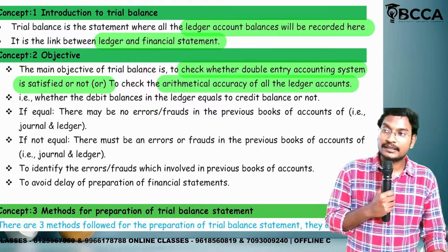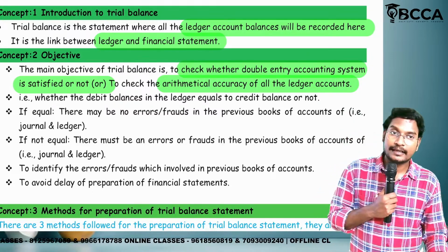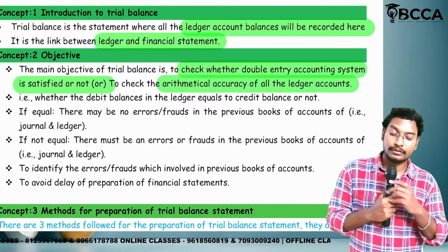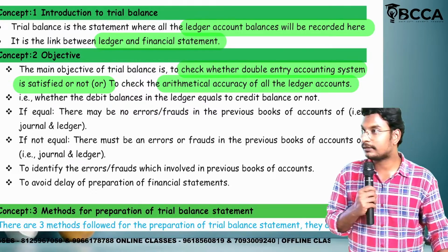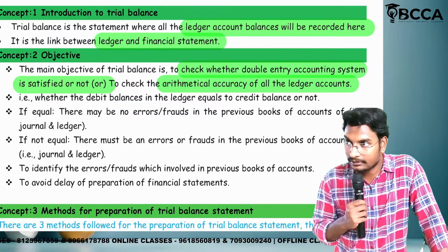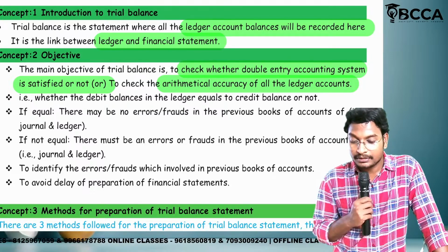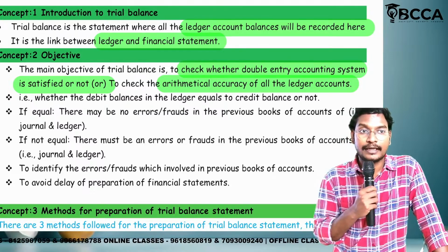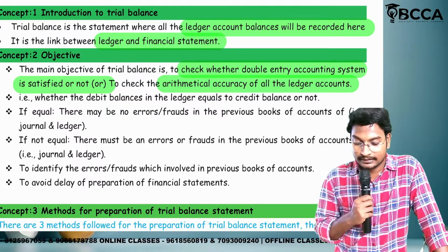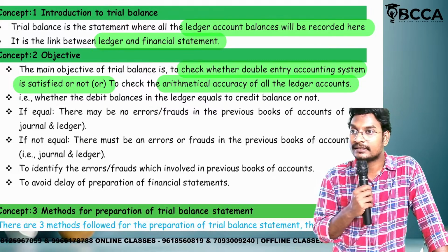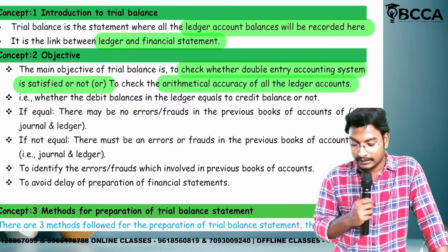Otherwise, there is a mistake. There will be errors. We will find out how to rectify those errors in the chapter Rectification of Errors. So the main objective of the trial balance is to find out the arithmetical accuracy of the ledgers, and whether we have followed the double entry system or not.